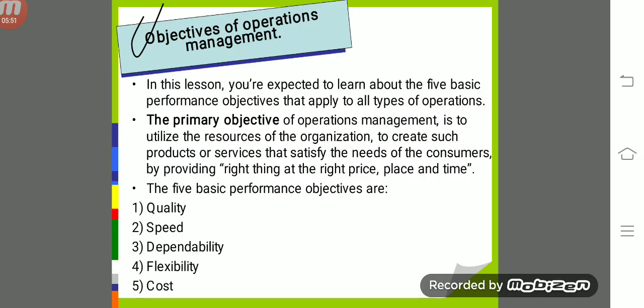If they are not able to maintain the same quality of the product in every place of the production department, we cannot say that they are achieving the goal of the organization. So it is a must for the operation manager to maintain the quality of the product and the quality of the services.